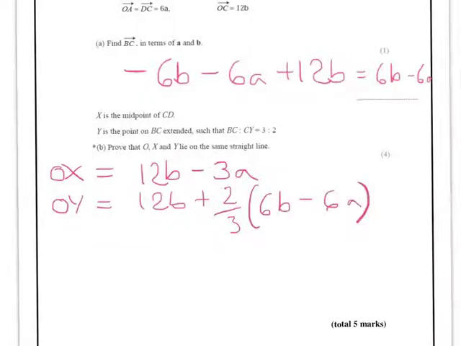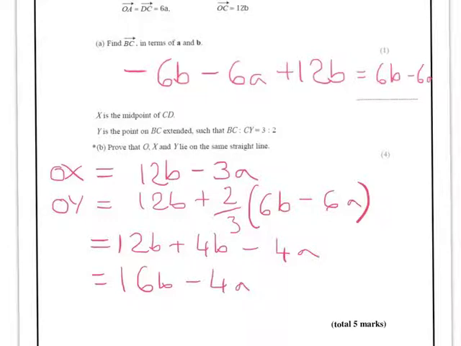So we have to tidy that up a little bit. 12b stays the same at the moment. 2/3 of 6b is going to be 4b. 2/3 of 6a, or negative 6a, is going to be negative 4a. So that should equal 16b take away 4a. To see if these lines are actually parallel, we need to factorise them both.